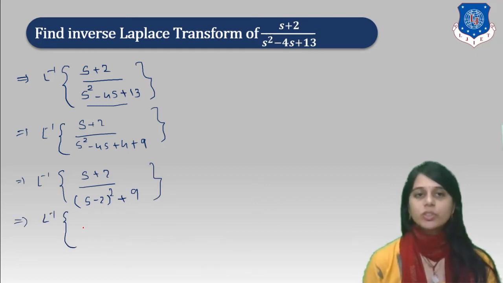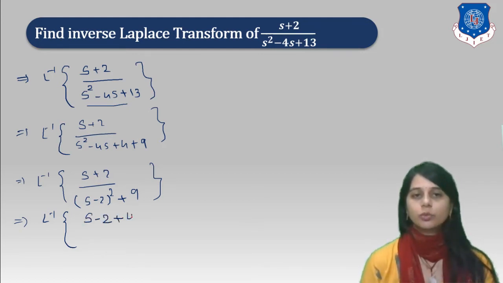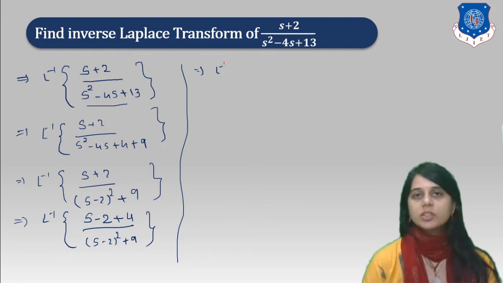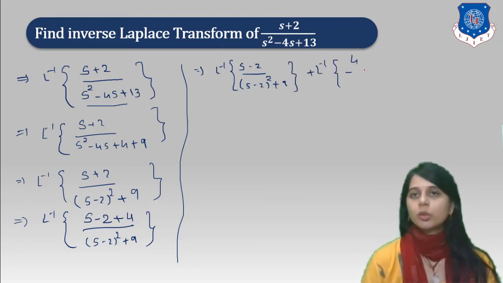We have s minus 2, so we set this formation in numerator. s minus 2 plus 4 upon s minus 2 whole square plus 9. Okay. So Laplace inverse of s minus 2 upon s minus 2 whole square plus 9 plus Laplace inverse of 4 upon s minus 2 whole square plus 9. Okay.